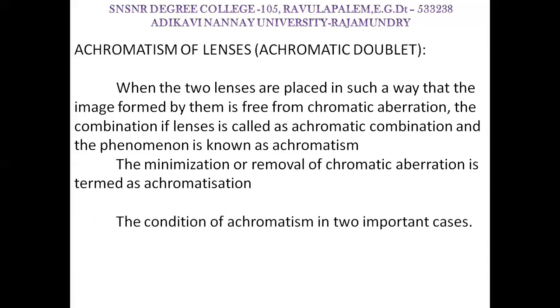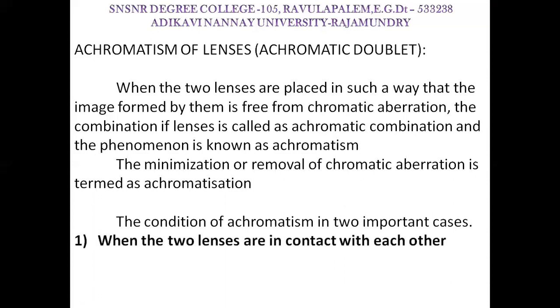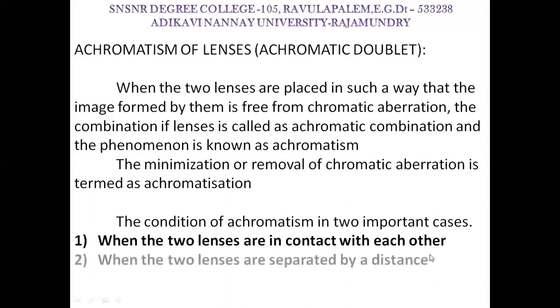The condition of achromatism has two important cases. One is when the two lenses are in contact with each other, and the second is when the two lenses are separated by a distance. If two lenses are in contact with each other, then we can remove or minimize the chromatic aberration.